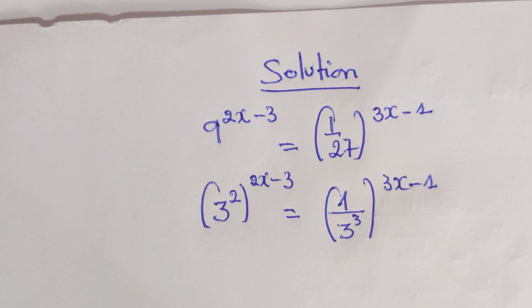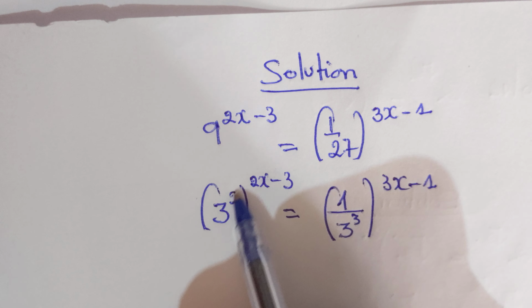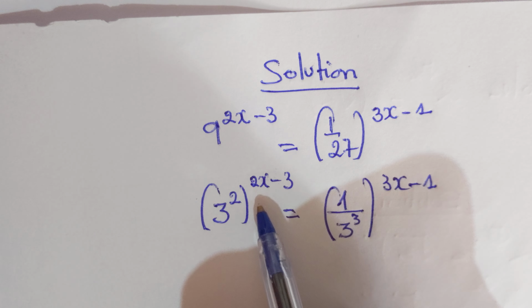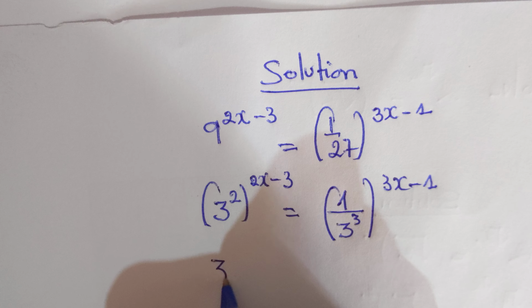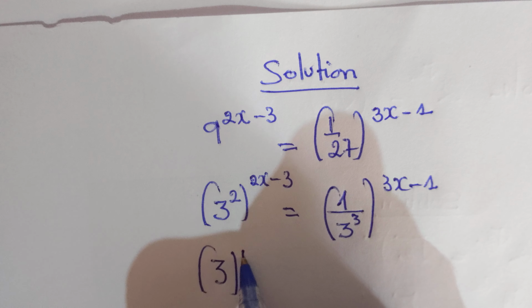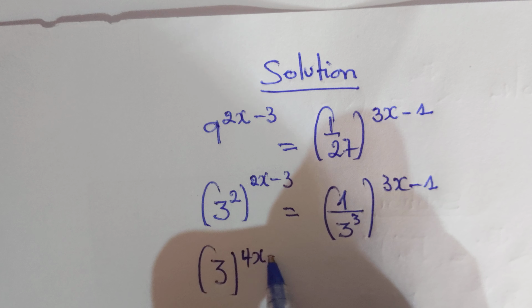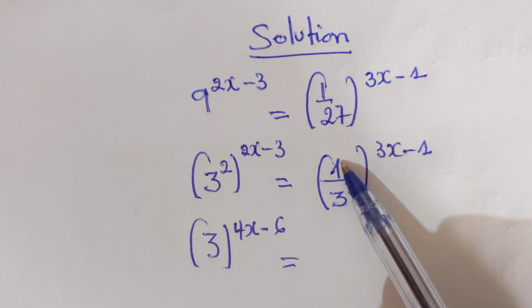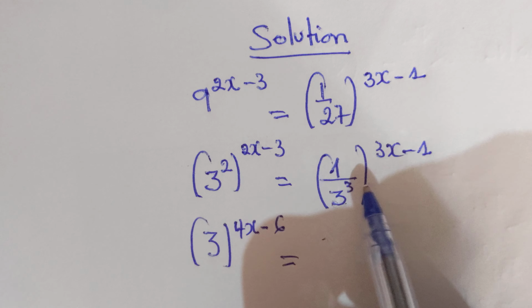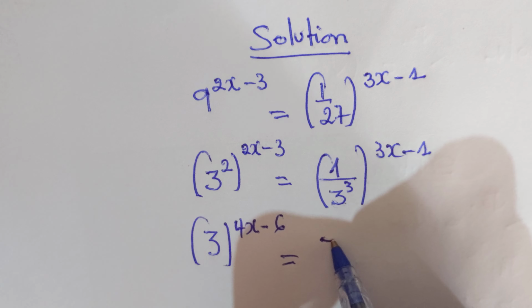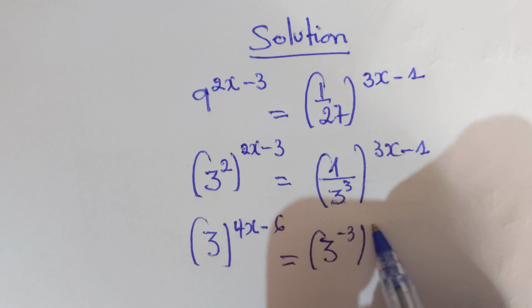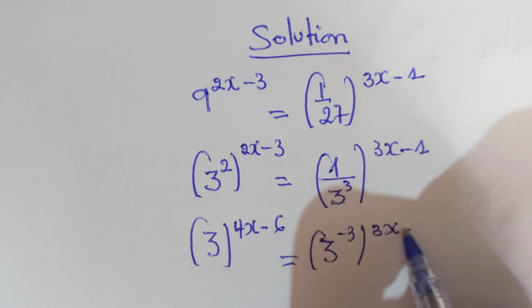Now here we have to know that once we have a power to another power, we multiply them together to get 3^(4x - 6), which is equal to, now this number is going above and the sign will change, which is 3^(-3) to the power 3x - 1.